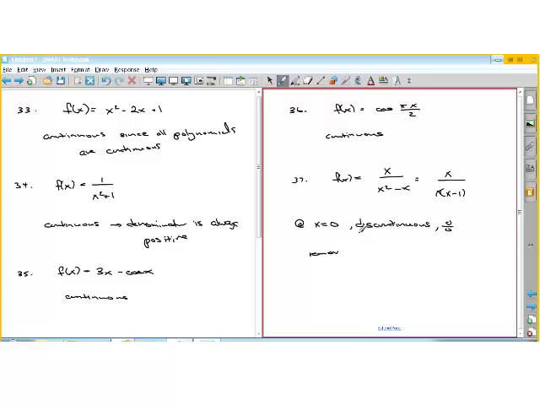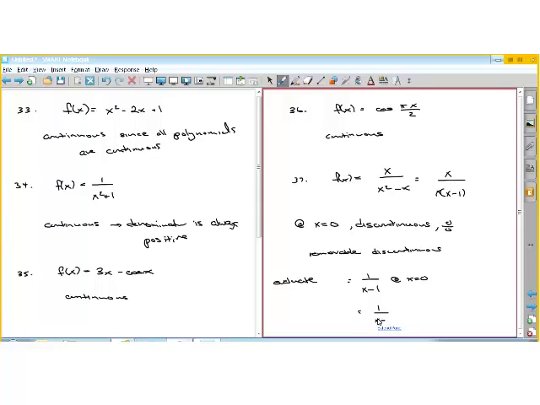It is a removable discontinuity because this indeterminate form of a discontinuity can be removable. So what we do is take the simplified version, where you cancel out the x's, which would be 1 over x minus 1, and you evaluate that at x equals 0, because that's the point of discontinuity.